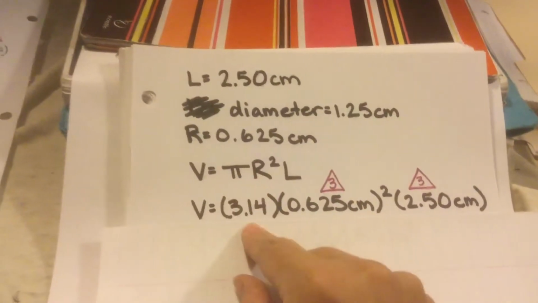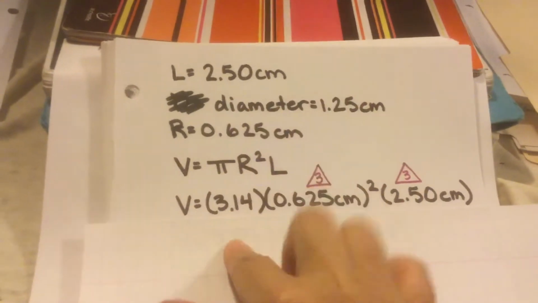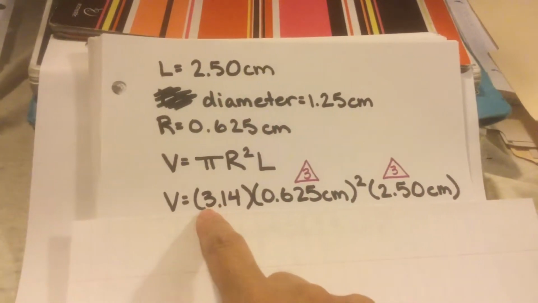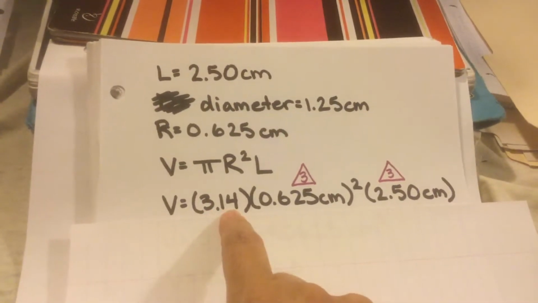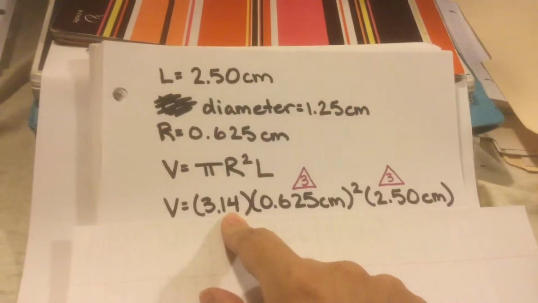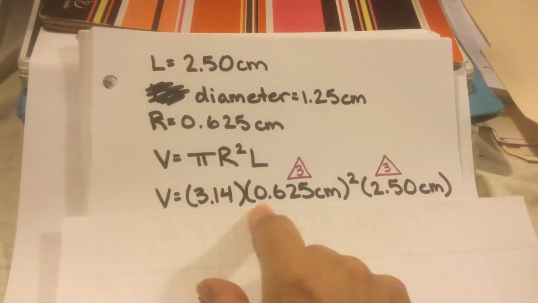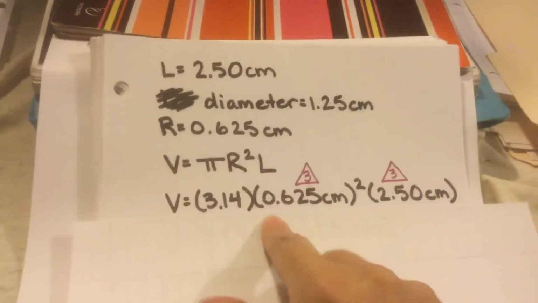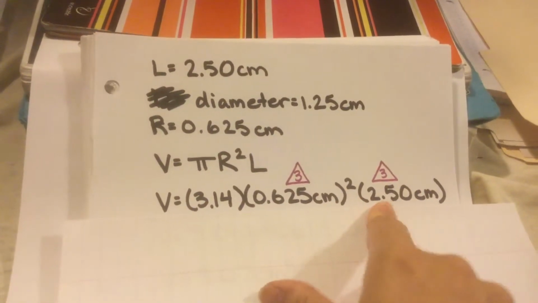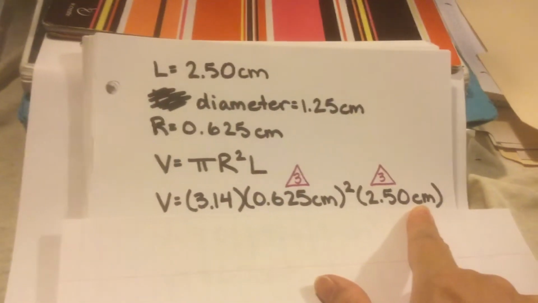Okay, so pi is 3.14. Your TI 83, 84, whatever kind of calculator you have, has a key for pi, but I'm just writing down 3.14 to remind you that it's just a number. It's nothing mystical or special. And so we've got 3.14 times our radius, which I've plugged in here, squared, times our length, 2.50 centimeters, which I've put here.